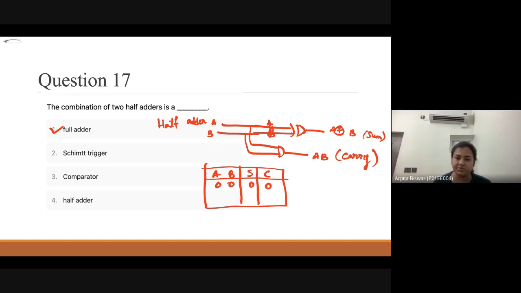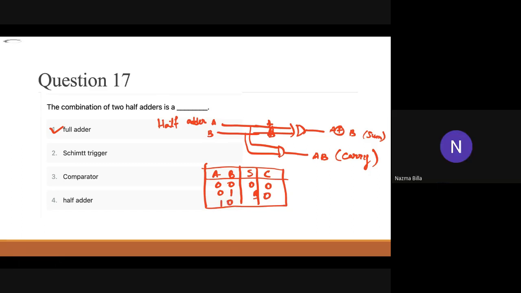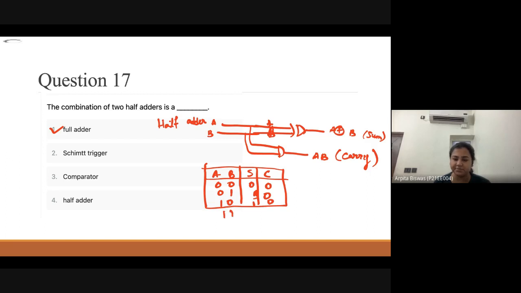If it is 0, 1, then what will be the sum? 1, 0. For 1, 0: 1, 0. For 1, 1: 0, 1. Now we are going to the full adder circuit.